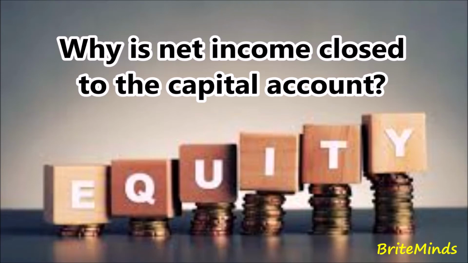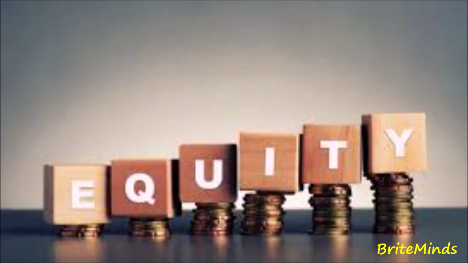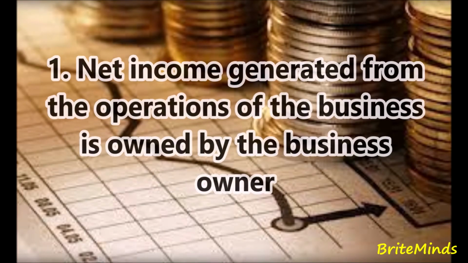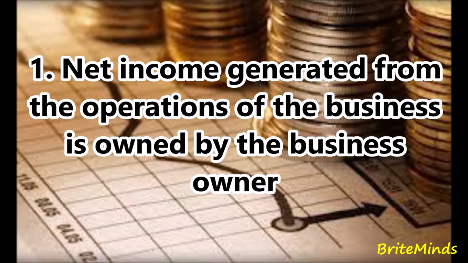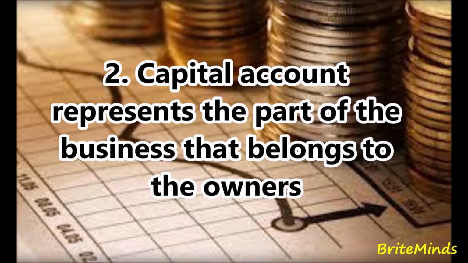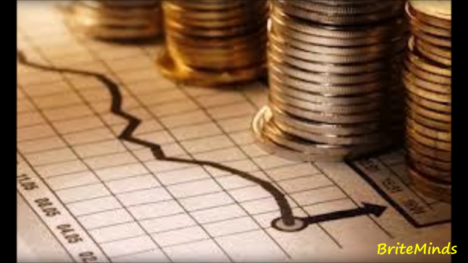Why is net income closed to the capital account? Net income is closed to the capital account for the reason that net income generated from the operation of the business is owned by the business owner. And the capital account represents the part of the business that belongs to the owner.